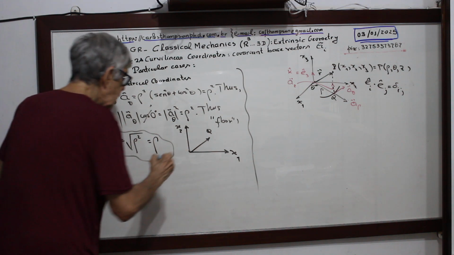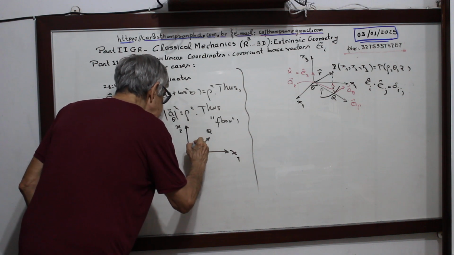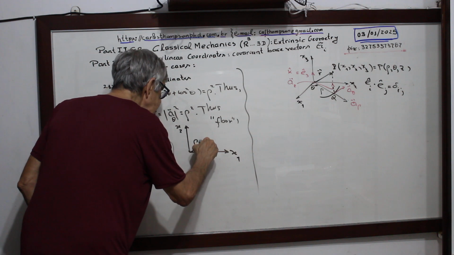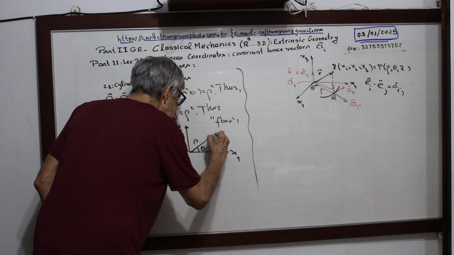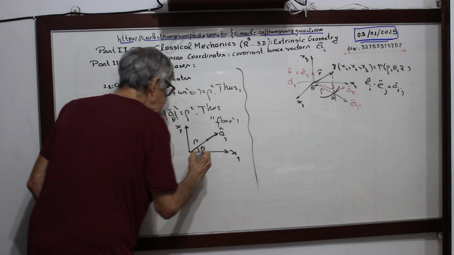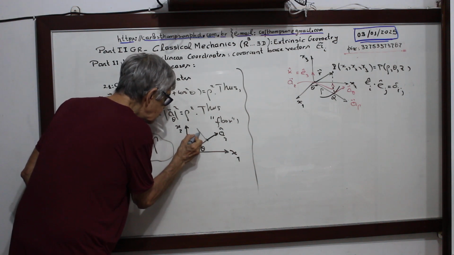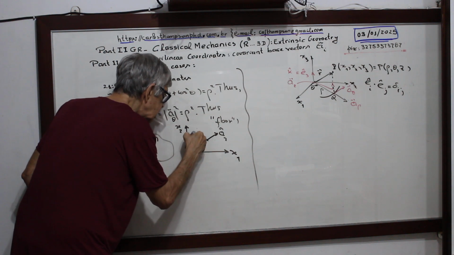See? Now, this is my angle, theta, and this is my rho. Now I will draw the vectors. See? This is my a rho. And this over here, I didn't show yet, but I will show.